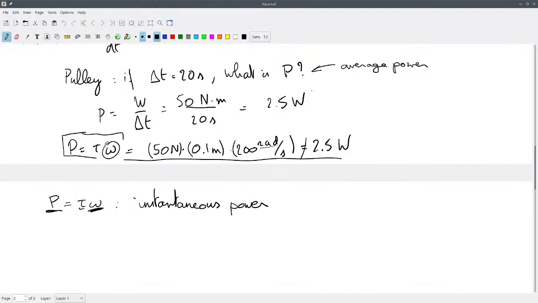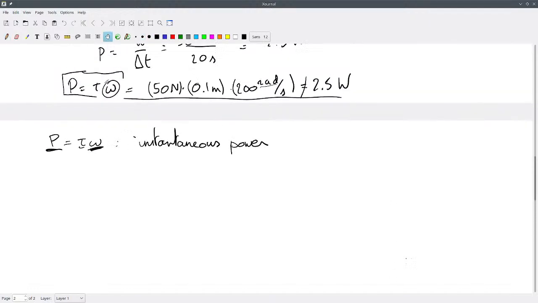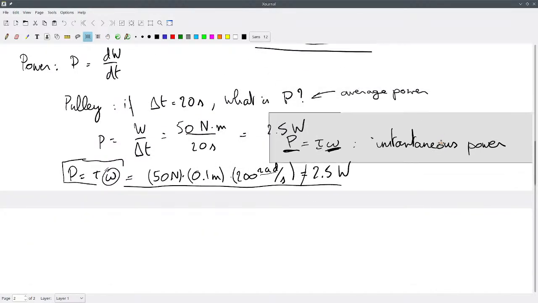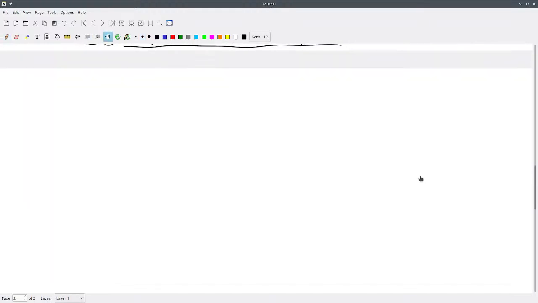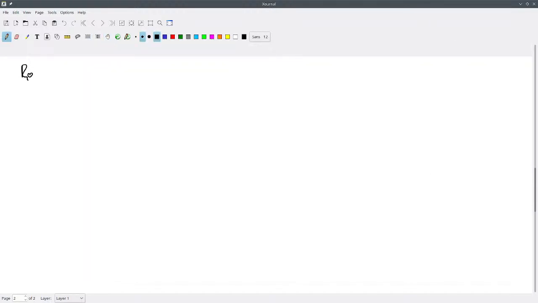Let me erase this stuff and put it somewhere else. Let's put that over here. So, the new page for rolling without slipping.